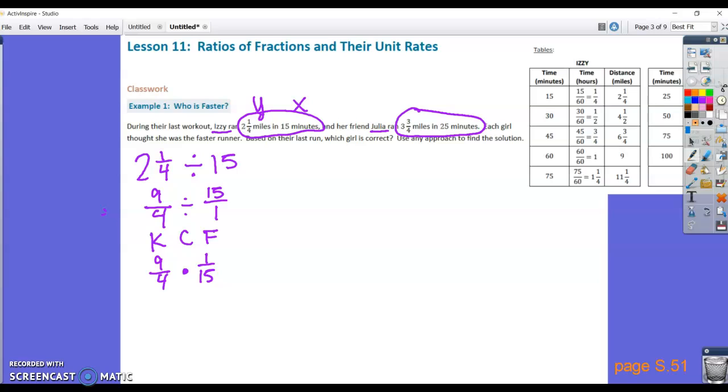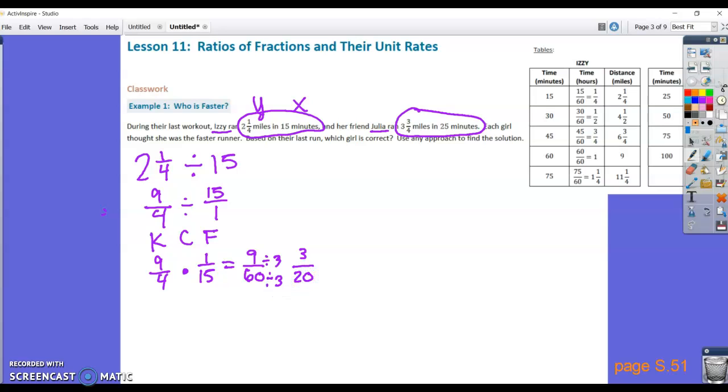So 9 times 1 is 9, and 4 times 15 is 60, and we need to simplify it. 3 will go into 9 3 times, and 3 will go into 60 20 times.